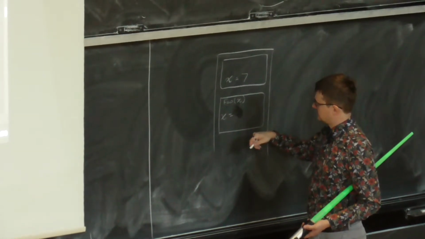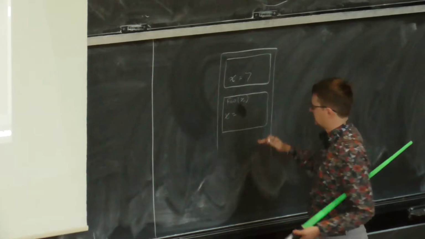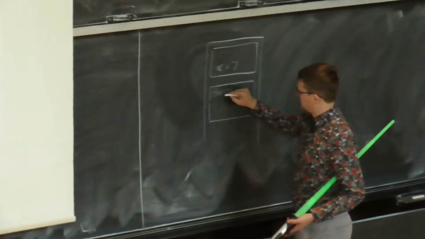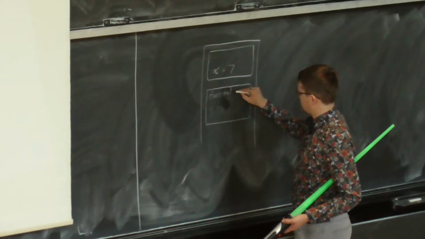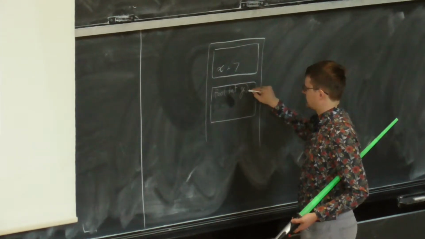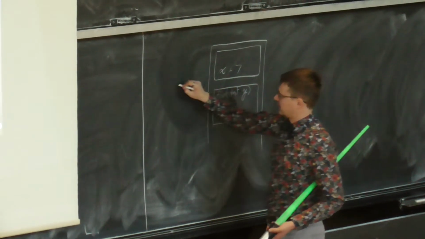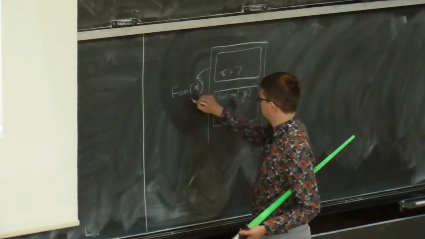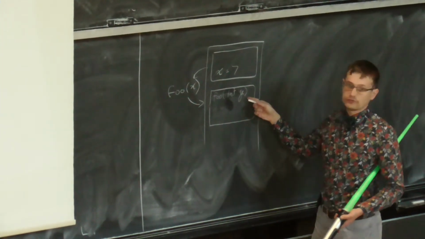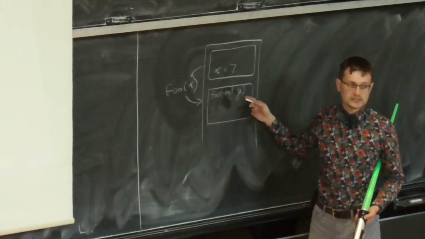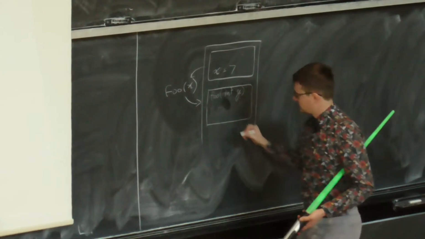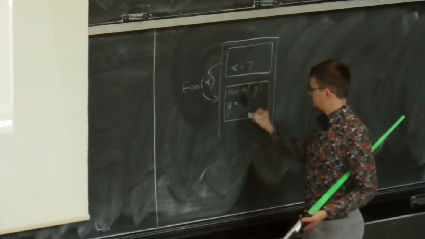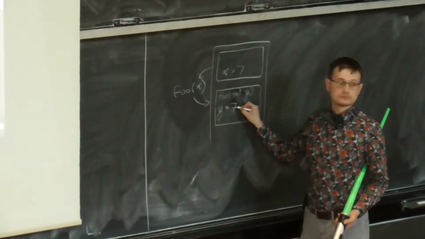Let me rephrase it a little bit. Let's say foo takes int y, and the invocation line here is foo x, right? So it's got a different name here. That might be less confusing. So our y argument here does not have the value 7.